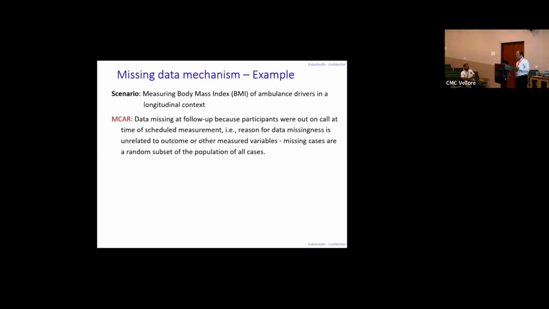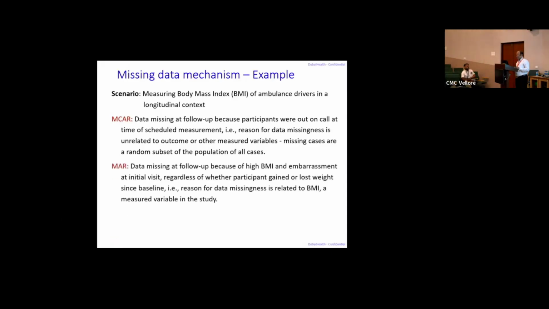That is missing completely at random. It is not purposefully avoided, it is random. And missing at random is data missing at follow-up because of high BMI and embarrassment. He says, because I am very obese, I do not want to come for the follow-up or contribute any information to the study. That is missing at random.